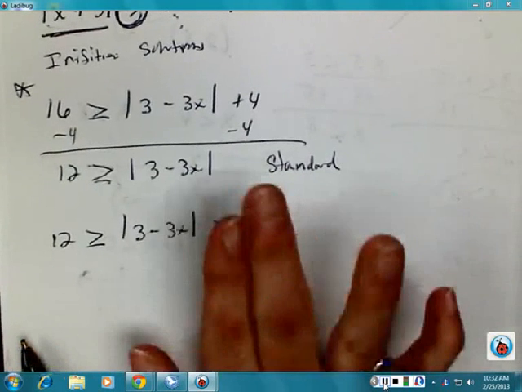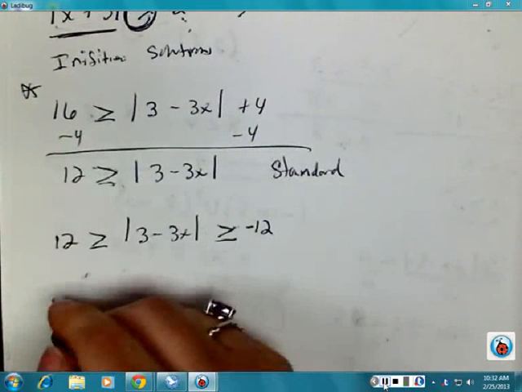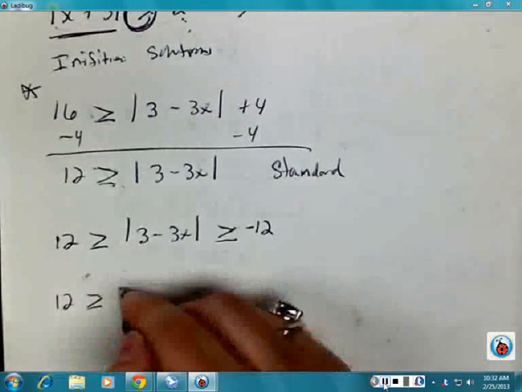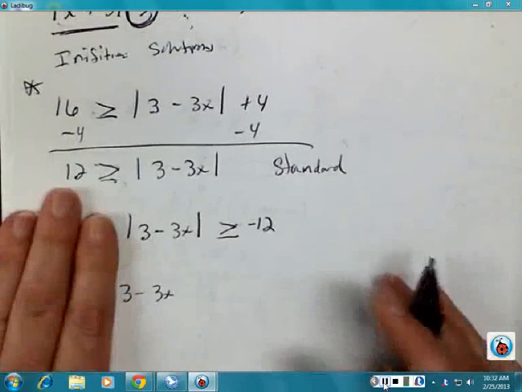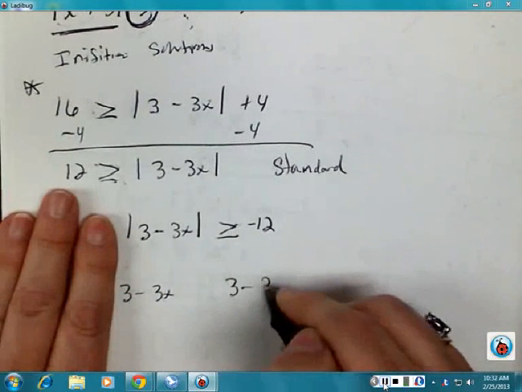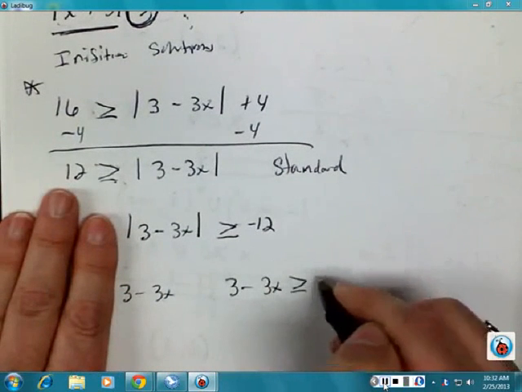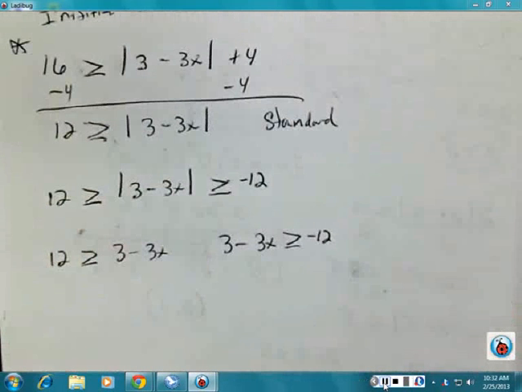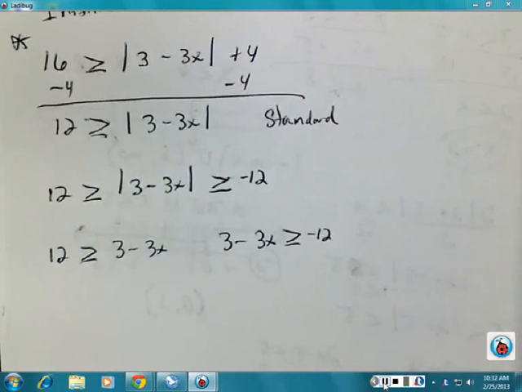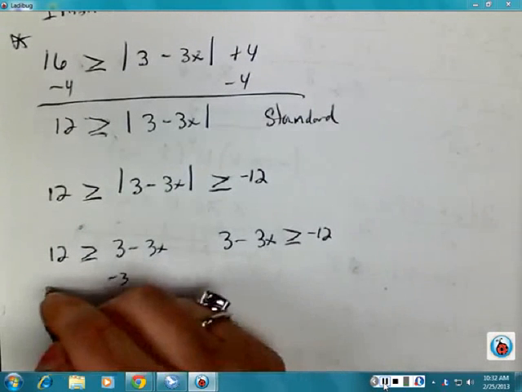Two equations. One is this one. The other equation is that one. And then we're going to solve them and see what happens. So I minus 3.